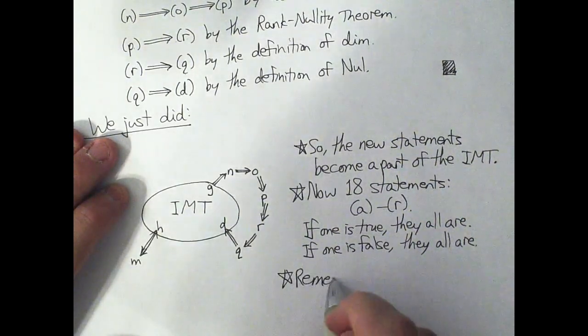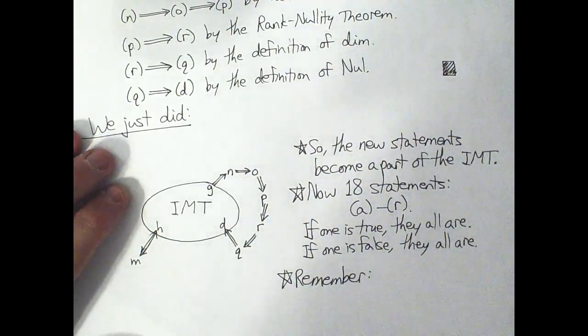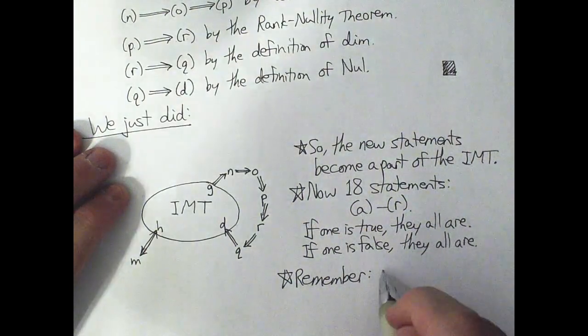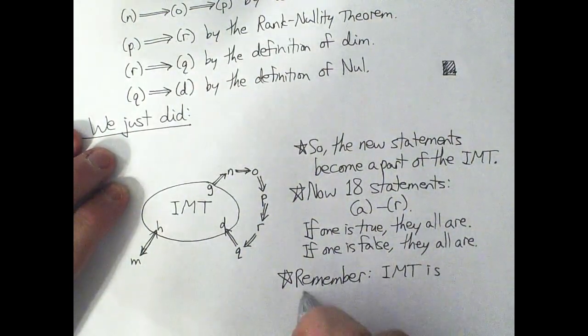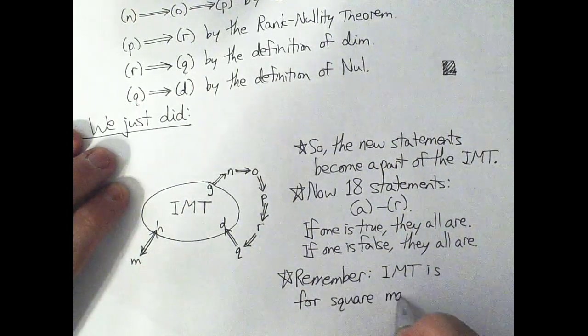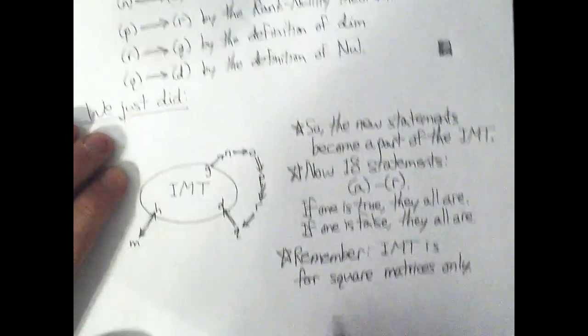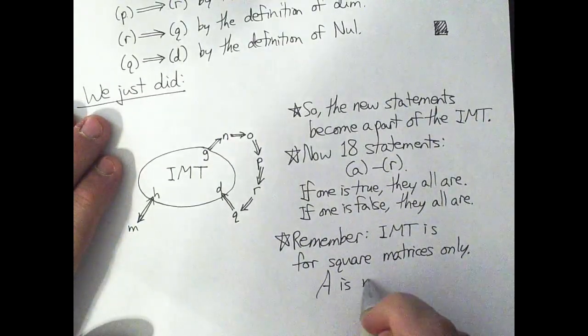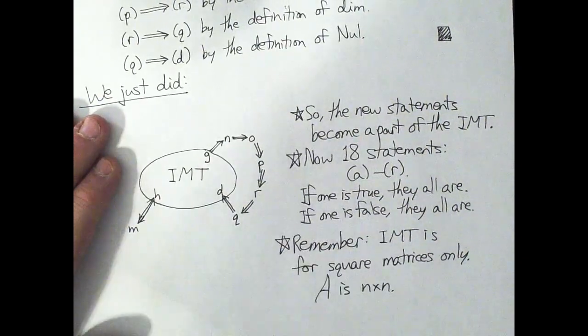And at this point, I want to remind you, because I've been saying you have a matrix A, this and that about a matrix, the IMT is for square matrices only. A is said to be n by n in order to apply all of these things.